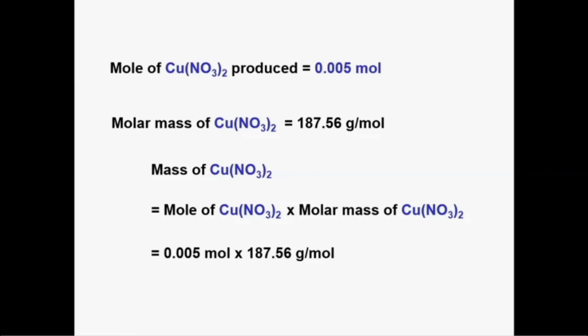So 0.005 moles times 187.56 grams per mole, and we are going to get 0.9378 grams of copper II nitrate. That is the mass of copper II nitrate produced in this reaction.